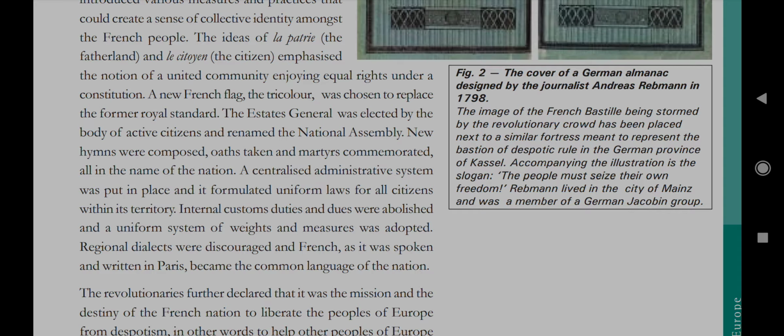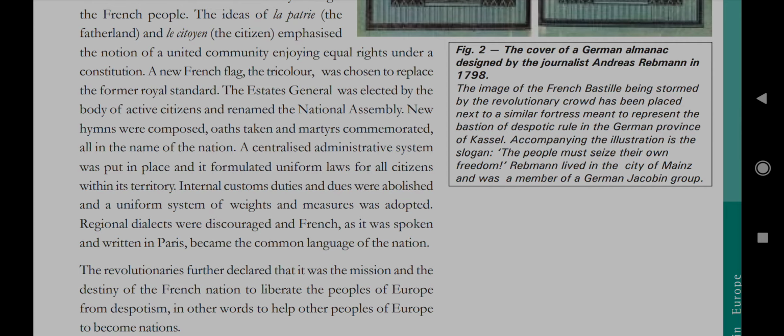Then a new French flag, the tricolour, was chosen to replace the former royal standards. So the second point is a new tricolour flag was chosen to replace the royal standard flag. The royal flag was there, it was replaced by a new tricolour flag. Then the third point is the Estates General was elected by the body of active citizens and renamed the National Assembly.